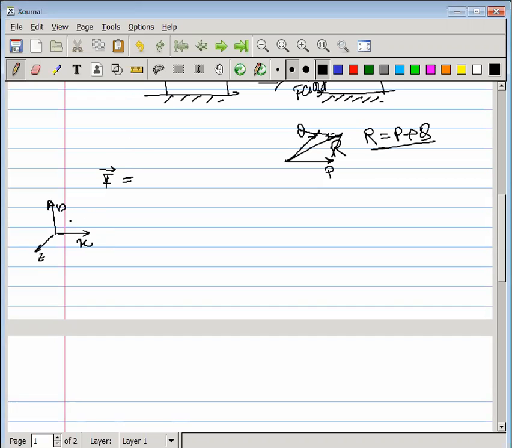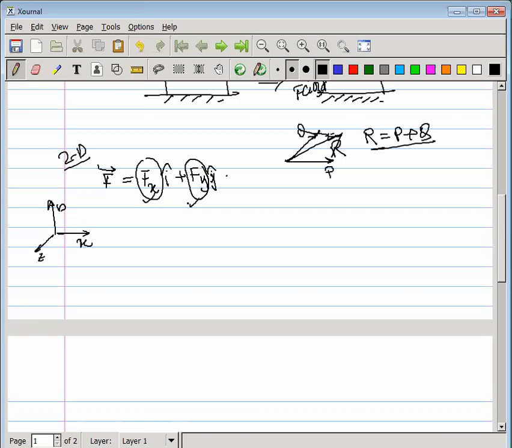In a 2D system, suppose you have to define a force vector. You can define it as Fx i plus Fy j. Here remember, Fx is the magnitude of the force along x, and Fy is the magnitude of the force along y. Remember, these two are magnitudes.